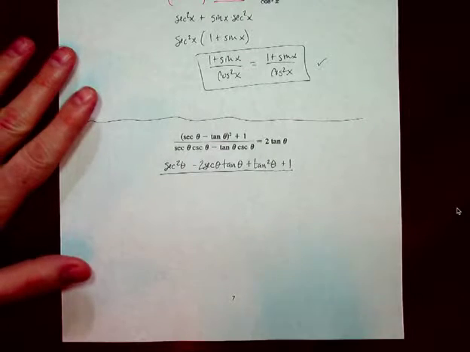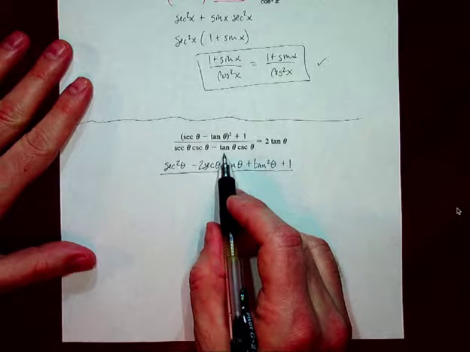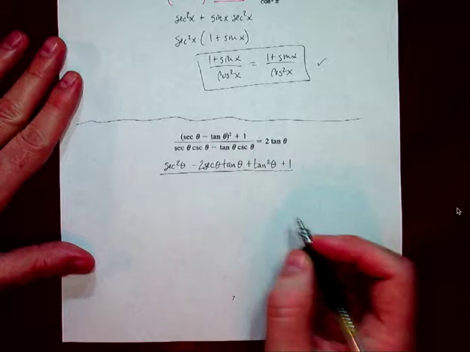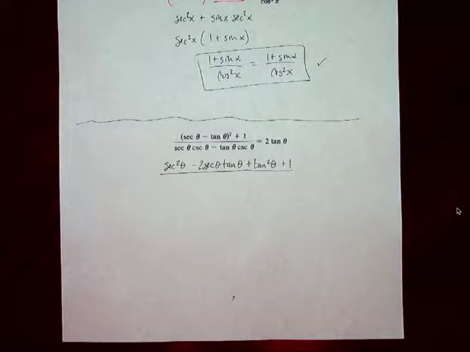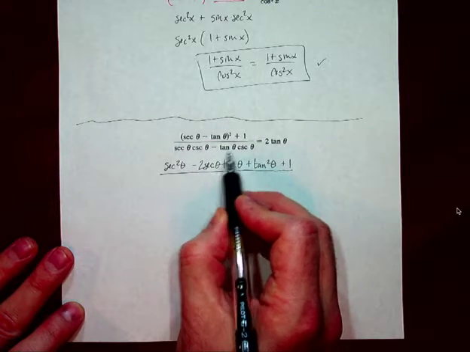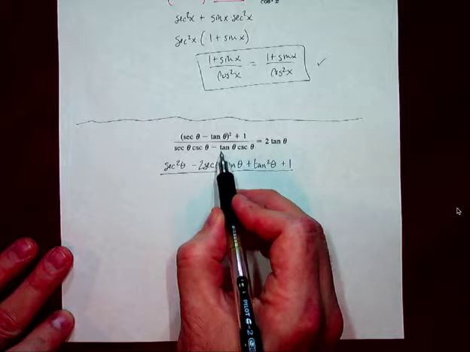Now remember, just like in the last one where I said tangent is also the same thing as sine over cosine, which means it's also the same thing as sine times secant, right? So when I look at the denominator, there's a secant sort of embedded within that tangent.